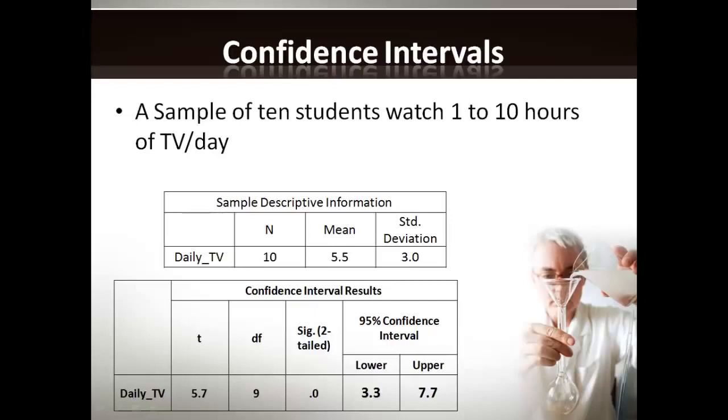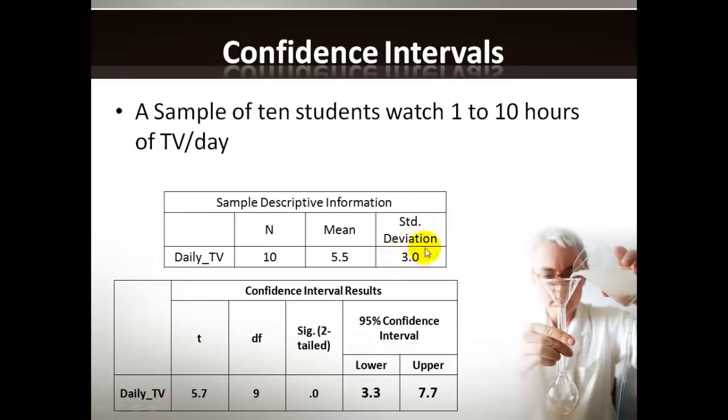We're interested in how much television students watch at a particular university. So we take a sample of 10 students from this university and ask them how much television they watch. So we have a sample size of 10. We have a mean of 5.5, meaning that the arithmetic average of television watched per day for this group of 10 is 5.5 hours, and a standard deviation of 3.